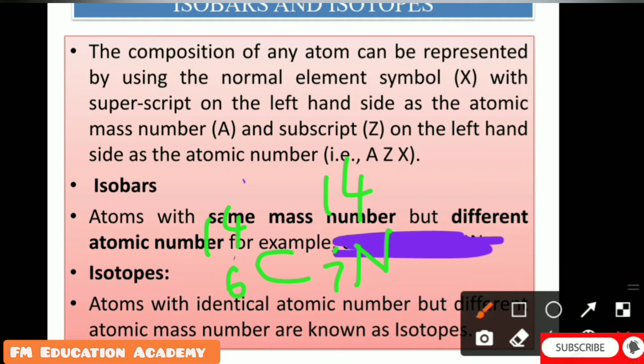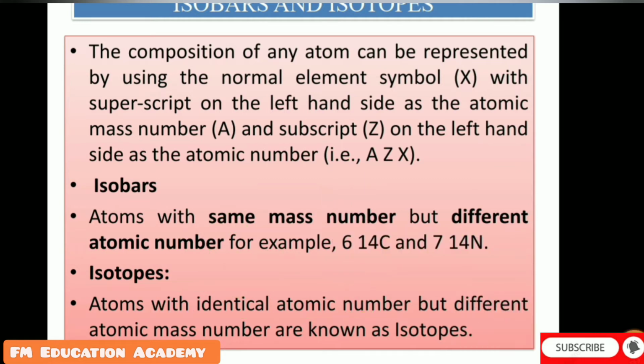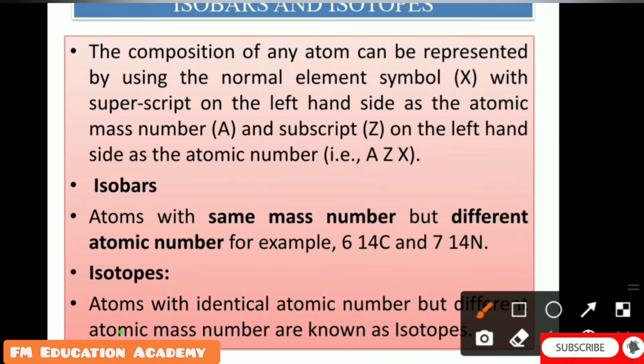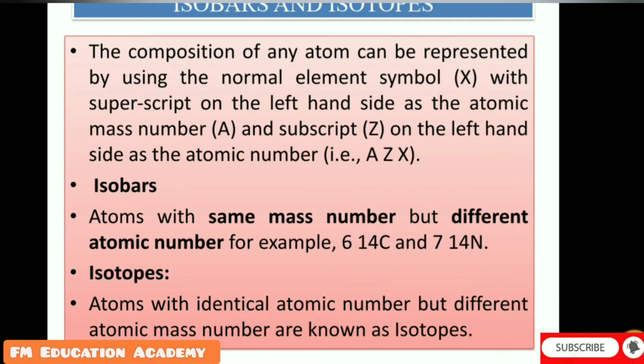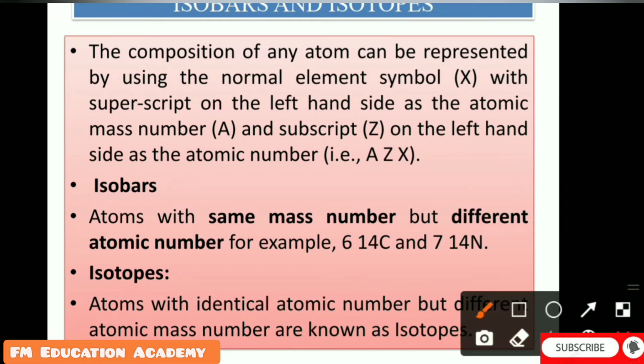Now let us come to the definition of what an isotope is. Atoms with identical atomic number but different mass number are known as isotopes. Here we can see same atomic number but different mass number; those will be called isotopes. For example, we have protium, deuterium and tritium. These are the isotopes of hydrogen.